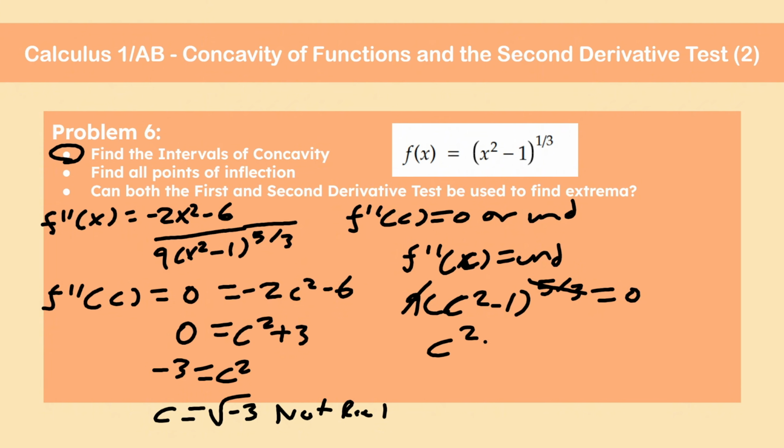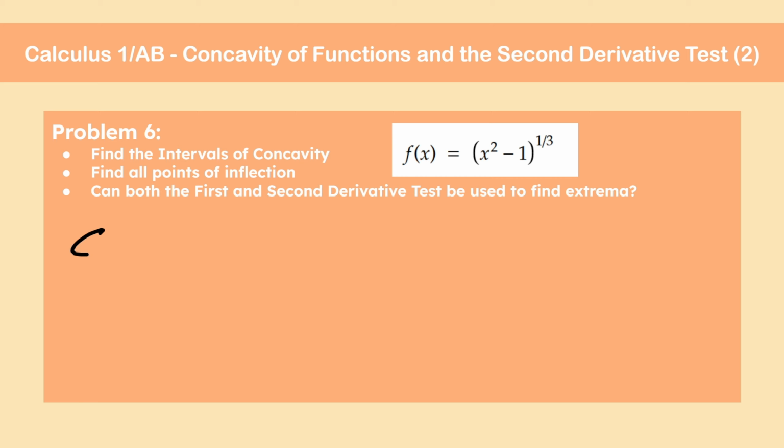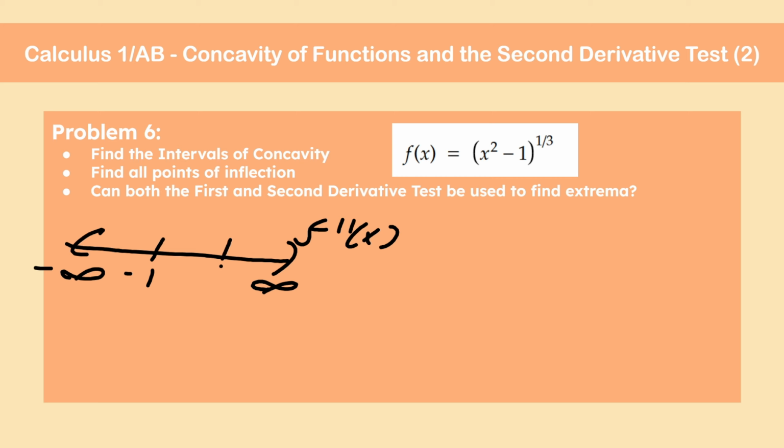So now I have that c² minus 1 is equal to 0, and that c is equal to positive and negative 1. So now I'm going to use these values to split the intervals of the second derivative of x. So f''(x), we have negative infinity to negative 1, from negative 1 to 1, and from 1 to infinity. And now we have these 3 intervals.